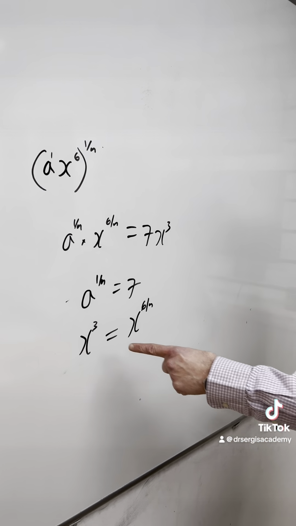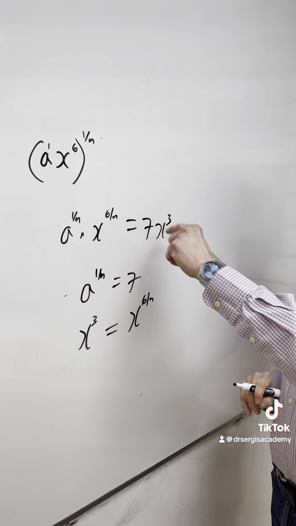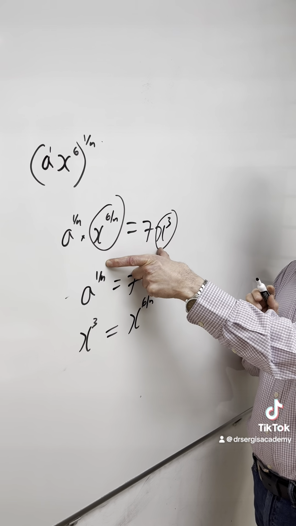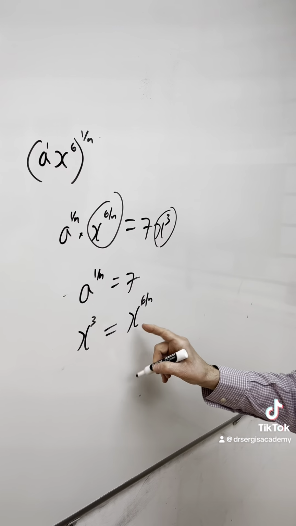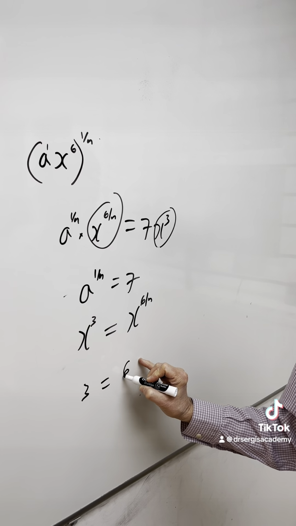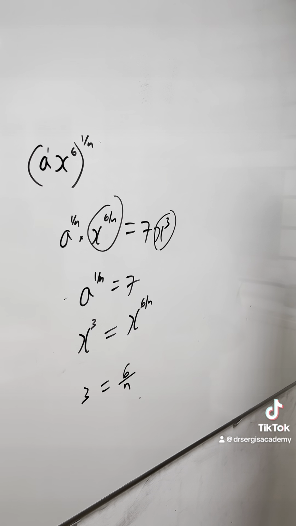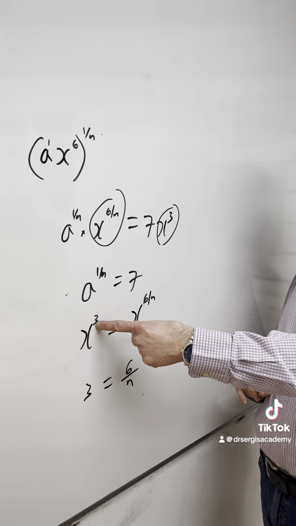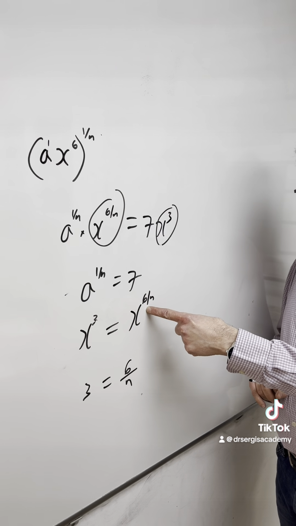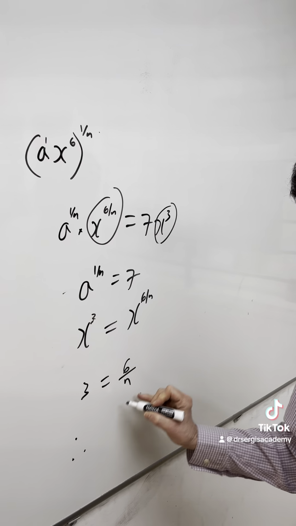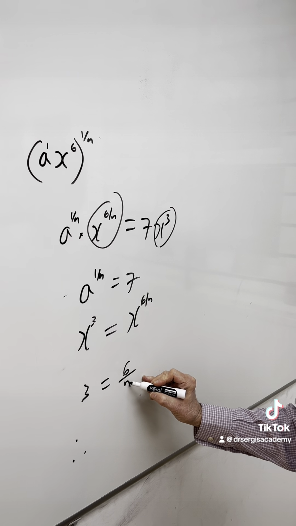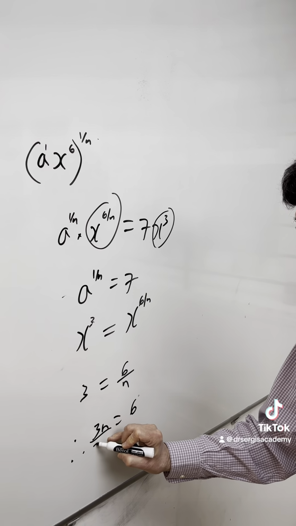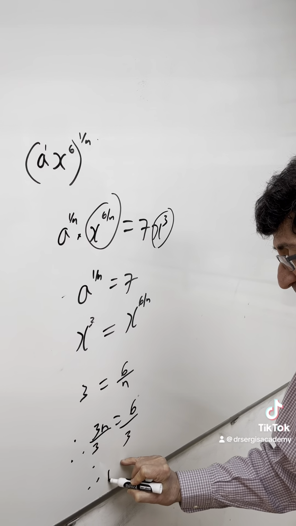If the left equals the right, then 3 has to be equal to 6 over n, because the base x is the same on both sides. Therefore by rearranging, multiplying both sides by n, we get 3n equals 6, and dividing both sides by 3, n must be equal to 2.